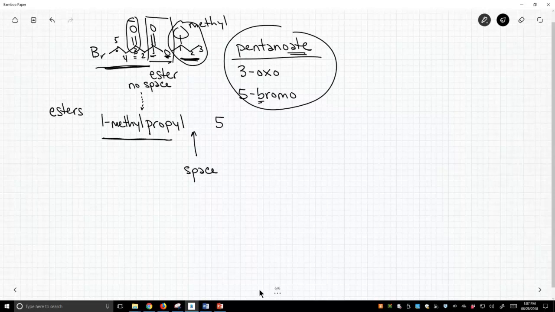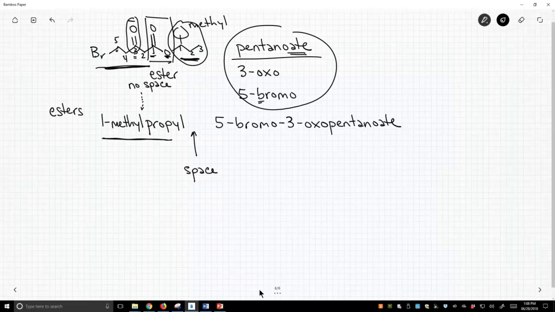We have a 5-bromo, a 3-oxo. We need a hyphen to separate that number from the letters. And then finally, pentanoate. And that's our full name. 1-methyl propyl space 5-bromo 3-oxo pentanoate.